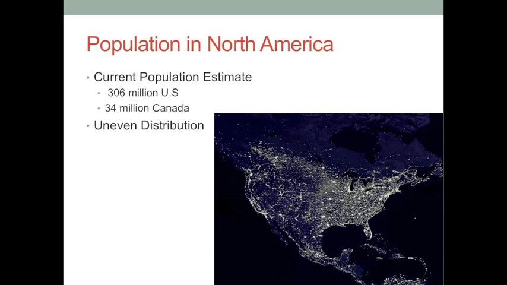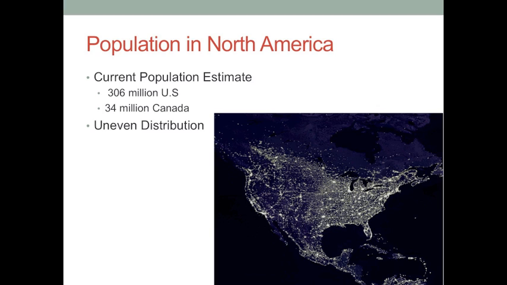The population of North America is, of course, centered in the eastern portion of this very important world region. You can see from this visualization, which is what we call a night lights visualization, that the majority of the U.S. population exists east of the Rocky Mountains, concentrated again in the east coast and in the Great Lakes region.